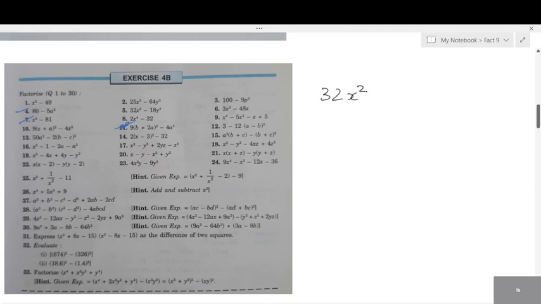32x square minus 18y square. Are 32 and 18 perfect squares? No. Try this question. Use normal factorization.